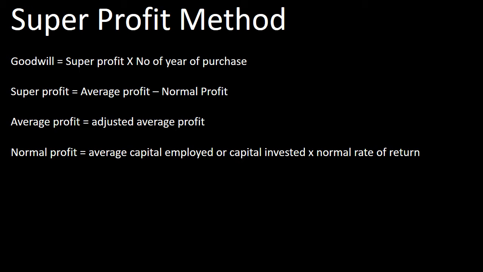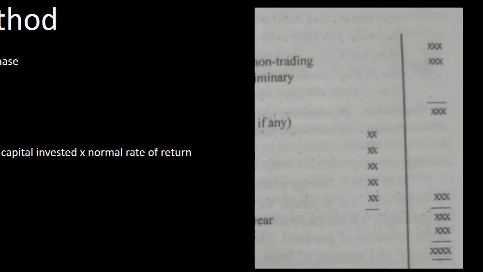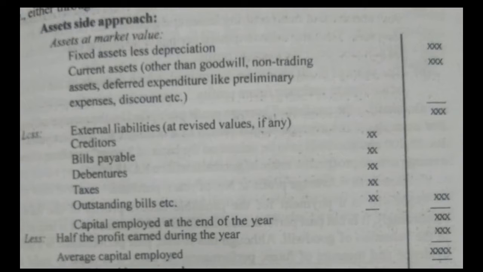Let us see one sum with an example. This is how you find your net assets. For example, if the average capital employed is not given, this is how you find it. Take all the assets given, excluding goodwill, non-trading assets, and deferred expenditure like preliminary expenses, share discount, and profit and loss debit balance, as I already explained.